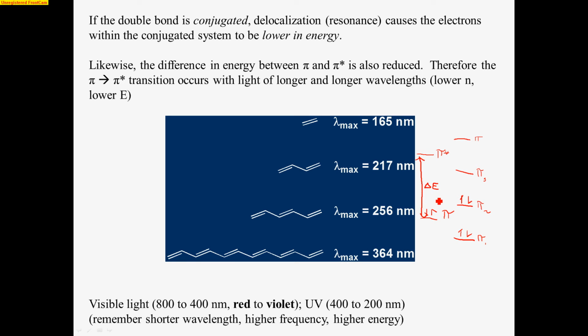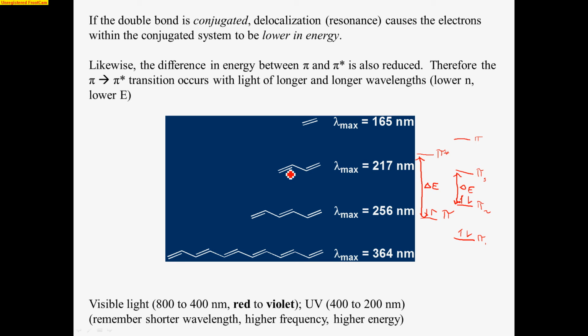You're going to have a difference in energy here, and a difference in energy here. Hopefully you can see that the difference in energy in the butadiene system is much smaller than in the ethylene system. And that manifests itself in the wavelength of light that is needed to promote an electron from the pi bonding to the pi star antibonding.